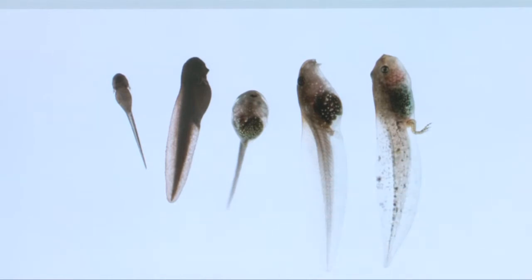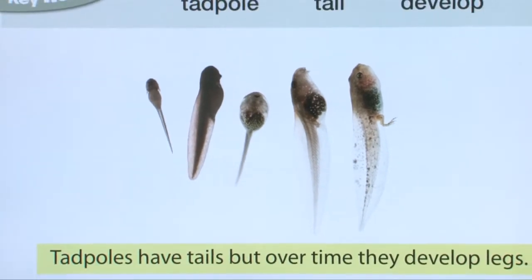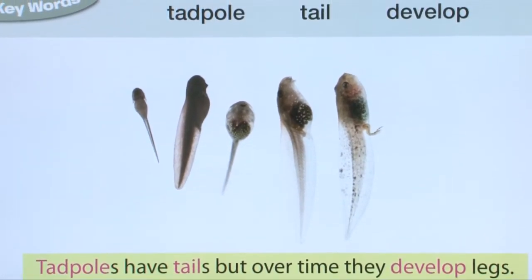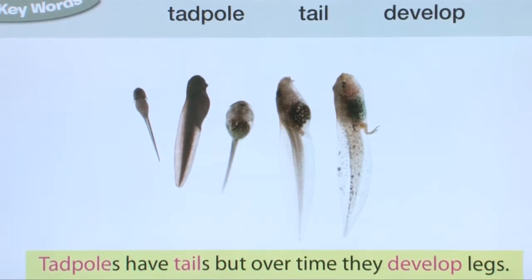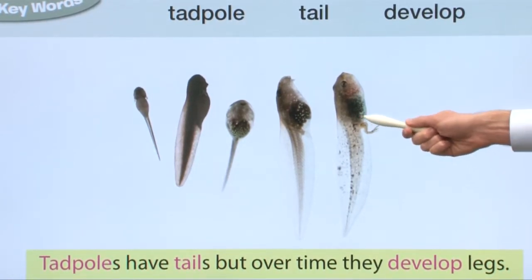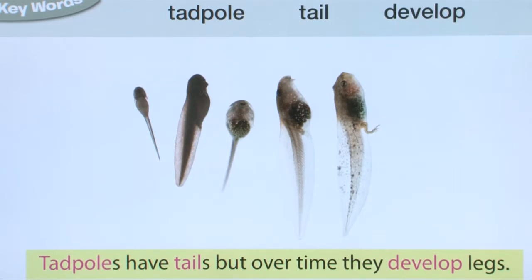The tails are the long parts on the back of these frogs here that help them swim underwater. Over time, the frogs lose their tails and develop or grow legs. So develop here means grow. Grow legs, grow bigger. Okay? Let's look at our example sentence. Tadpoles have tails, but over time, they develop legs. Yes, maybe you can see right here, this one's starting to grow some of its legs.